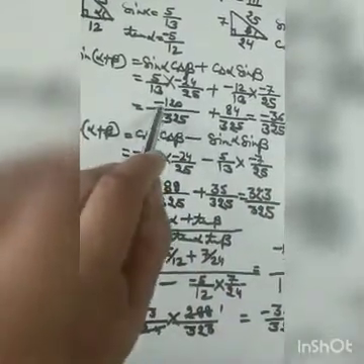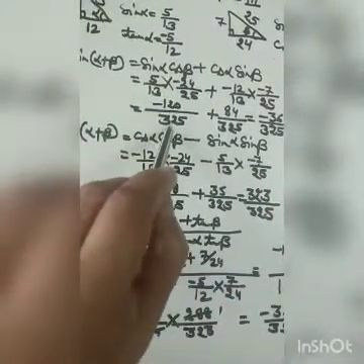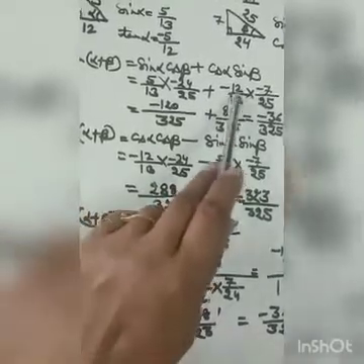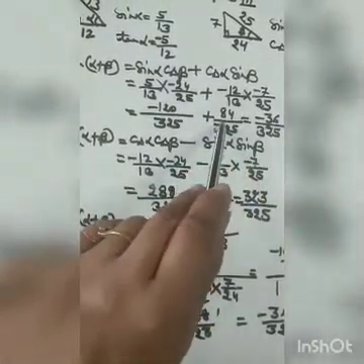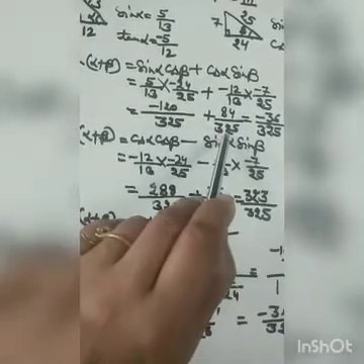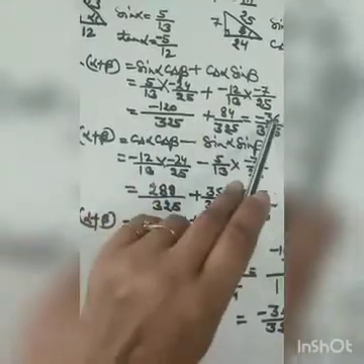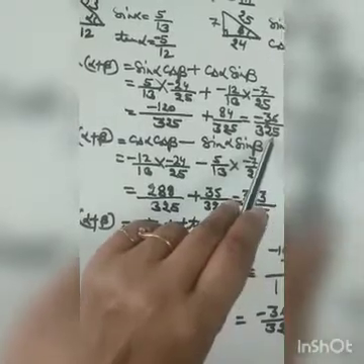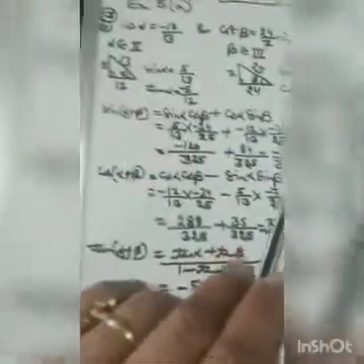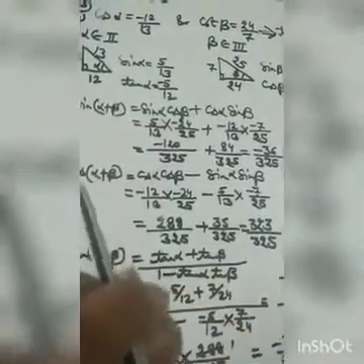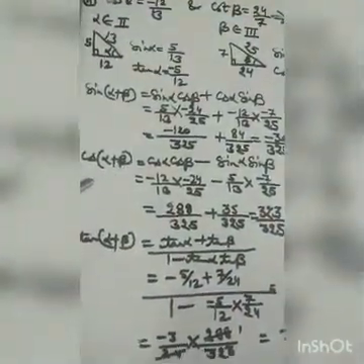Multiplying, we are getting minus 120 upon 325 plus 84, 12 into 7, 84, minus becomes plus 84 upon 325. Solving it, you are getting minus 36 upon 325 because only the numerator is to be simplified, denominators are same, so LCM remains 325.